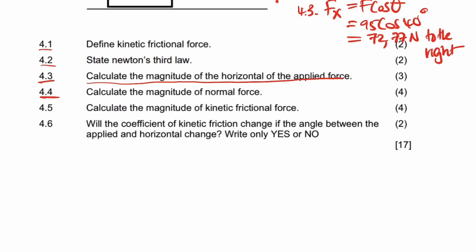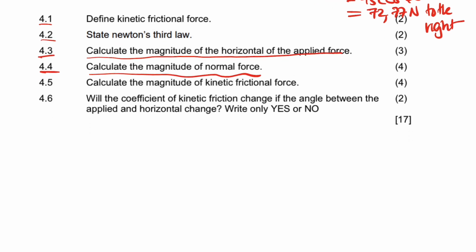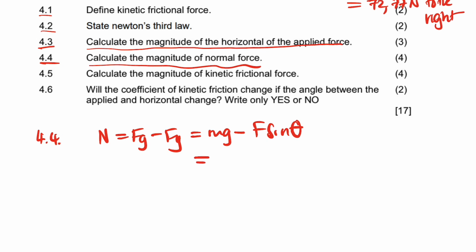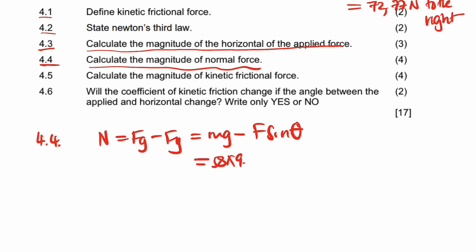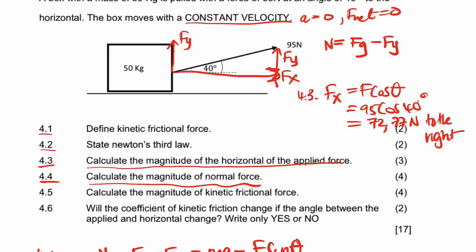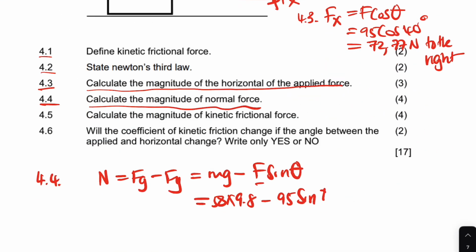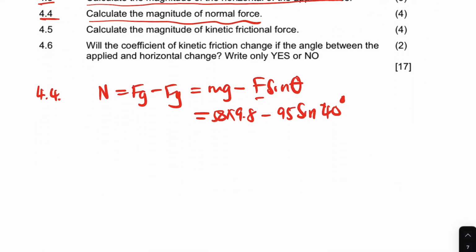Now 4.4, it says calculate the magnitude of the normal force. As I've mentioned, the normal force is equal to Fg minus Fy, which is mg minus F sine theta. Our mass is 50 times 9.8, and then the F is 95 sine 40 degrees.